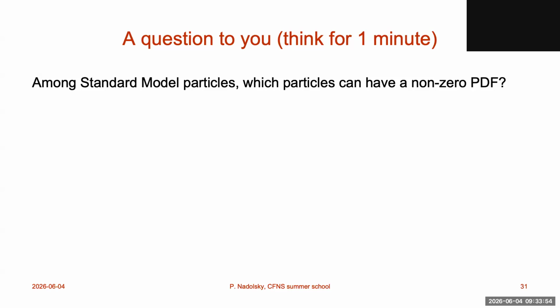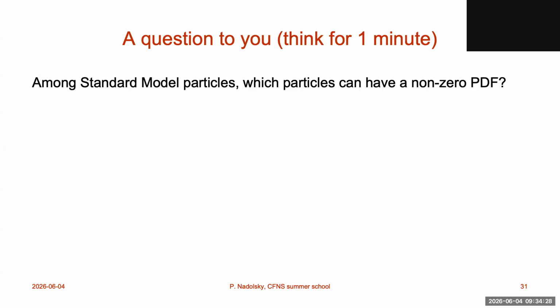Okay, how about the top quark? If you take a typical PDF set, will it include the top quark PDF? Yeah, that's a huge mass. The global analysis fit is typically done with the lower energy. So basically, you have to decide if the particle's mass is comparable or much smaller than your typical hard scale.